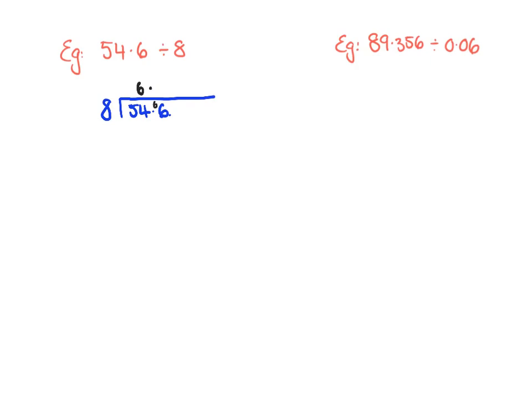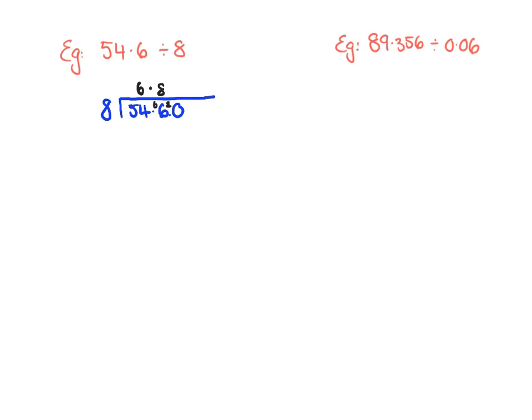So then 8 into 66 goes 8 times, and then I'm going to need some more zeros. So 8 times 8 is 64, so I would have had 2 left over.